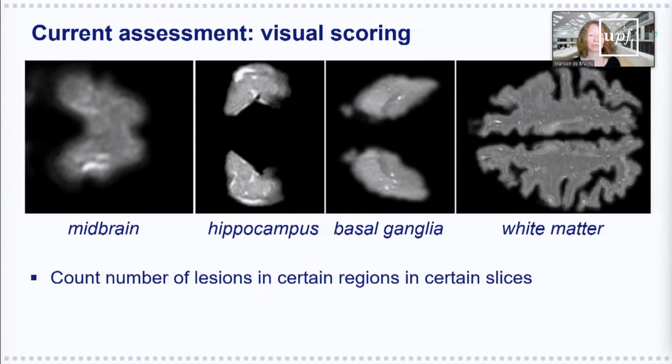On the other hand, what is currently often done in clinical studies is to perform visual scoring. And there are different schemes for this. Our collaborators and many others select specific regions in the brain. In most regions, they look at only a single slice and then count the number of lesions that you find in this slice.